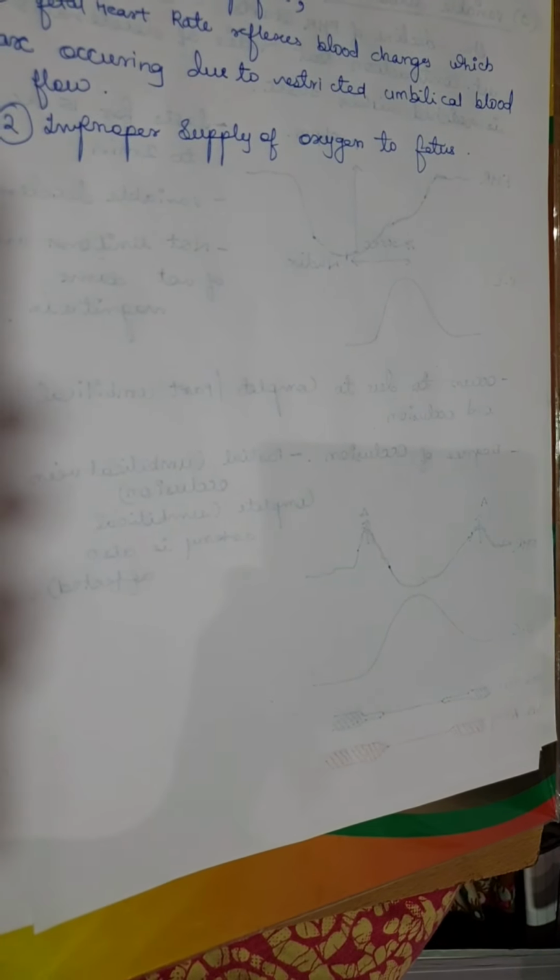The ACOG, that is the American College of Obstetricians and Gynecologists, has suggested that recurrent variable decelerations with minimal to moderate beat to beat variability are indeterminate, meaning they don't have that much significance. But if the variable decelerations occur with absent variability, they are abnormal.